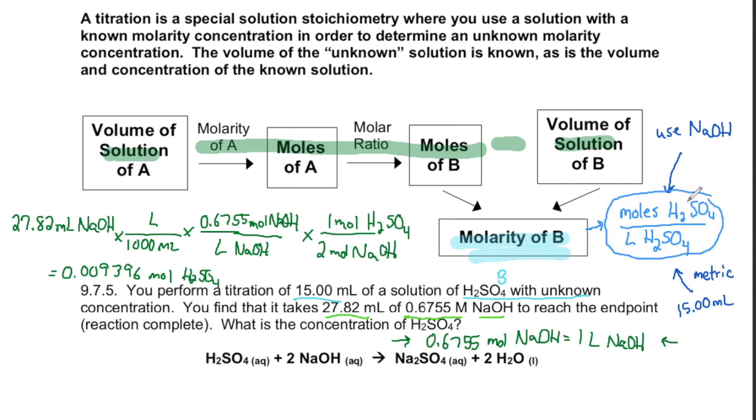So let's go ahead and start putting together this fraction. So our moles of sulfuric acid, let's put that in the numerator. Then we need our liters of sulfuric acid solution. We know the milliliters, 15.00 milliliters. We divide that by 1,000 and we get 0.01500 liters.